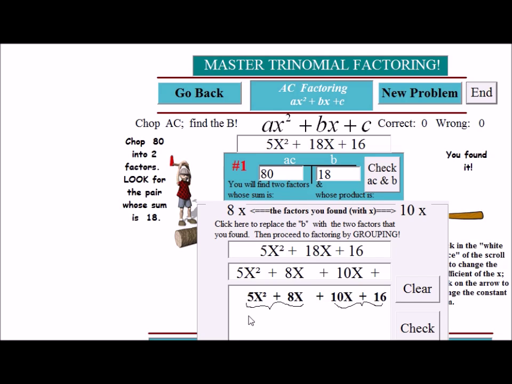Here we take out an x and get 5x plus 8. And here we take out a 2, and we get another 5x plus 8. This is like factoring by grouping, which we would have studied before. And now the factors are x plus 2 times 5x plus 8.